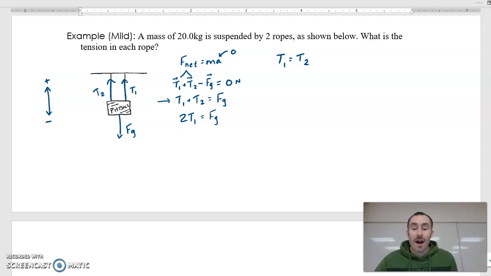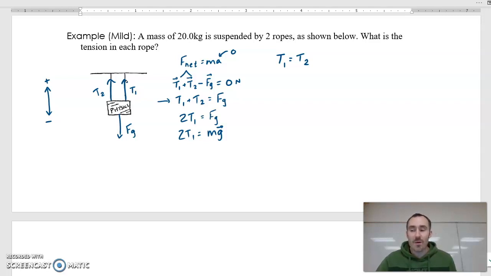So now, because I have the formula for the force of gravity, mass times 9.8 in this case, I can solve for T1. And that's why this one is mild, because there are no hoops to jump through here. The only leap that you have to make is knowing that T1 equals T2.